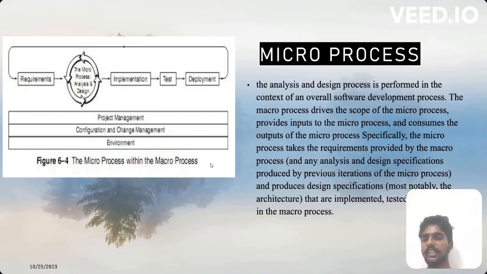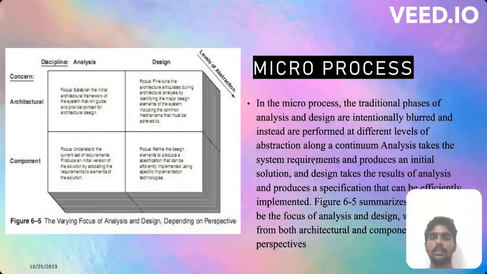Now this is the diagram for the micro process within the macro process: requirements, design, testing and deployment. This is the diagram for the various focus of analysis and design depending on the perspective.